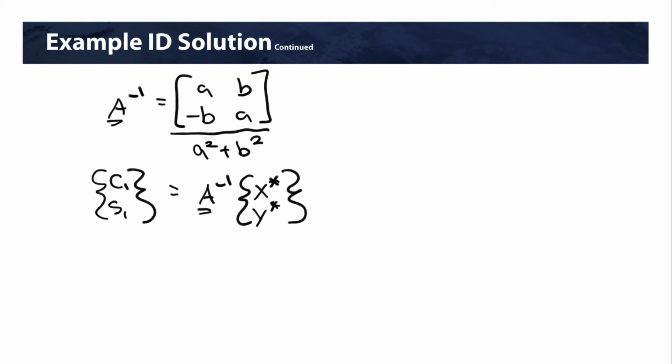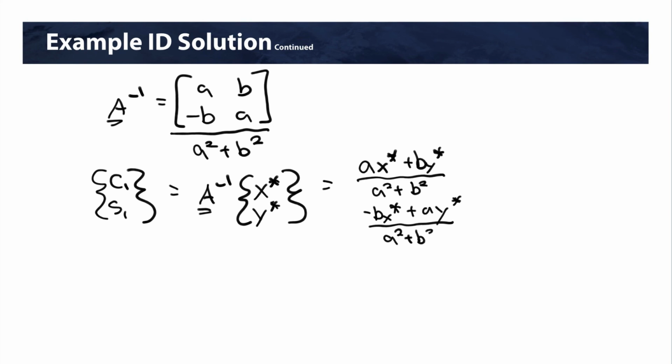If we multiply it out, we get A x star plus B y star over A squared plus B squared, and B x star plus A y star over A squared plus B squared.